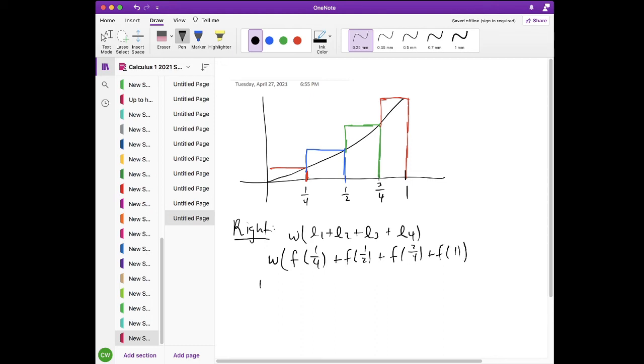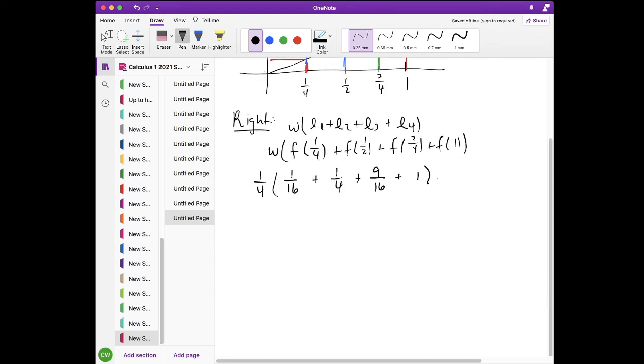So 1/4, and then we have 1/16 plus 1/4. Yes, remember this is y equals x squared, so that's why we're getting 1/16, 1/4, 9/16, and then 1.